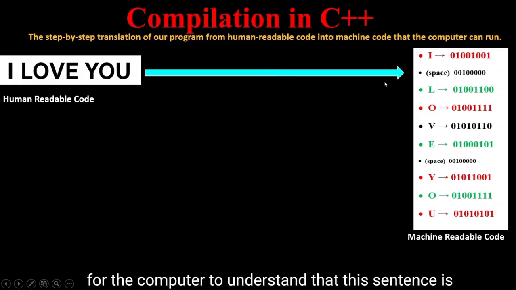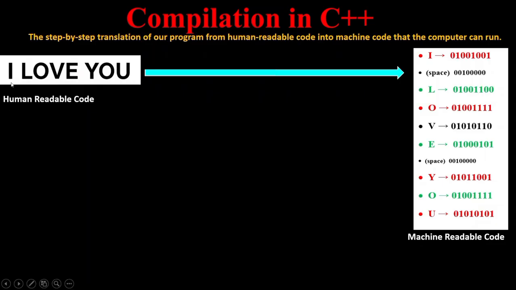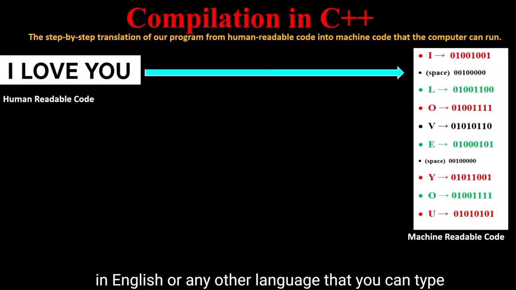For the computer to understand that this sentence is I love you, there is a process involved in converting this what? This sentence I love you or any other words that you can write. For example, maybe you are writing a letter or other words, as long as they are in human readable code or language, for instance, in English or any other language that you can type.